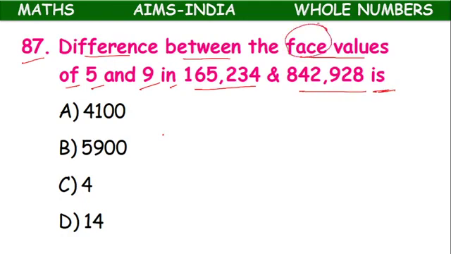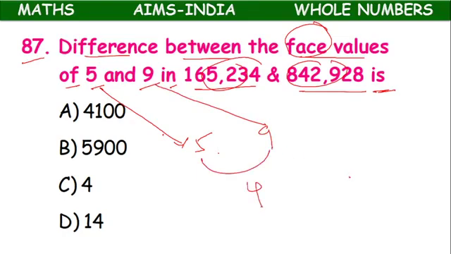They are asking face value. No need to see these numbers, because face value of 5 is always 5. Face value of 9 is always 9. So what is the difference? 4. Option C, 4 is the correct answer.